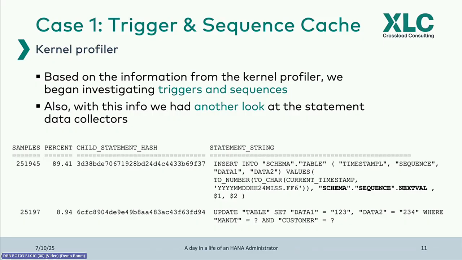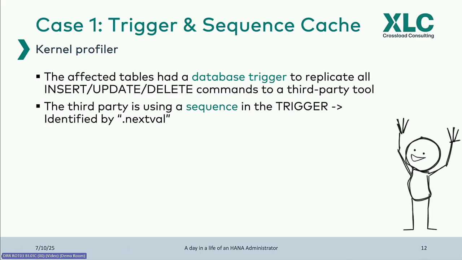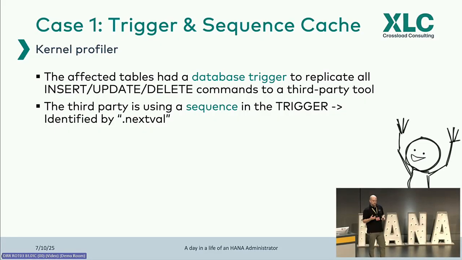So this function means I have a sequence. For example, you can start a sequence at 1. You use the function next val, you get 2, and next val 3, and so on. And all the affected tables, which are involved in this specific IDOC processing, had a database trigger to replicate all DML commands like insert, update, delete to a third-party tool.